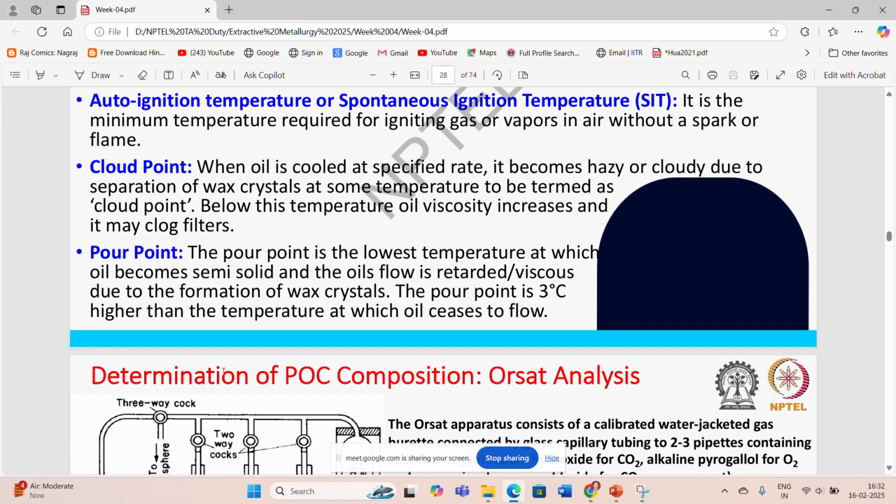The temperature and pressure at that point will change, and due to that, the oil viscosity will change, and we are not going to get efficient combustion of that fuel. So we have to keep in mind to design the fuel source for different temperature conditions.